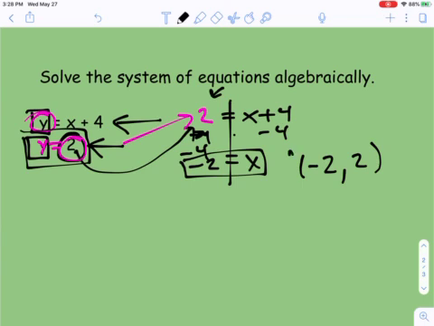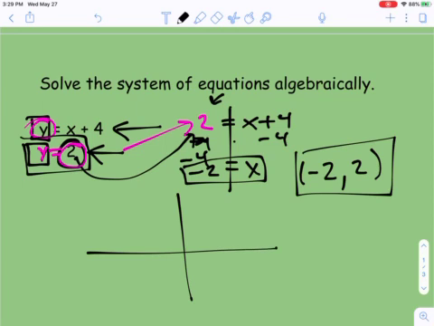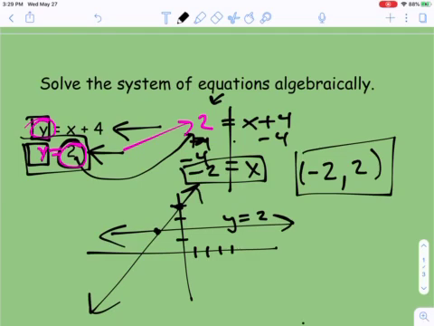So that's saying this point right here is the point where these two lines cross. If you think about a graphic representation of this, y equals 2 is a horizontal line like that, and then y equals x plus 4 crosses right here with a slope of 1, so it's going to be about right there. Yeah, that looks right. Negative 2, 2.